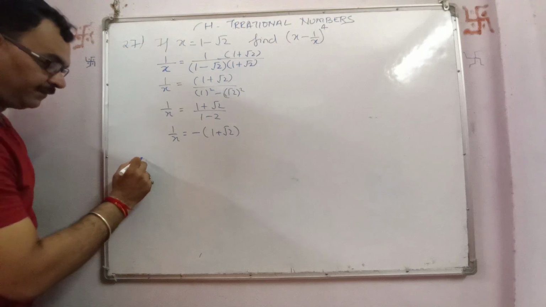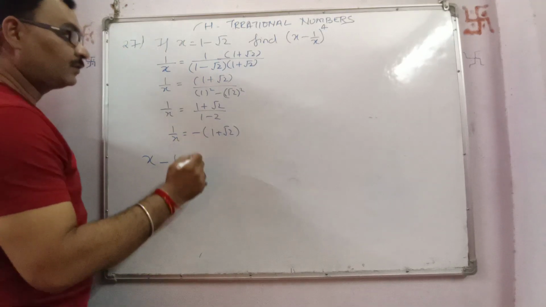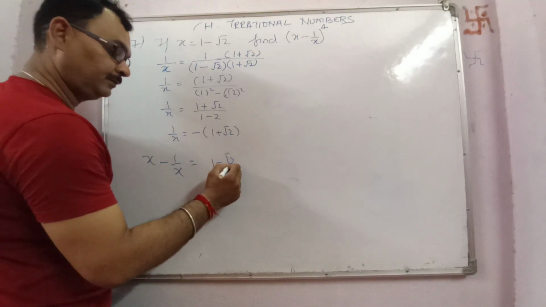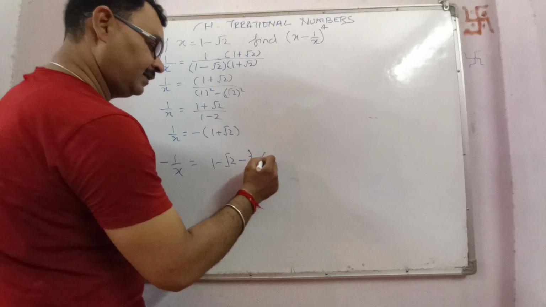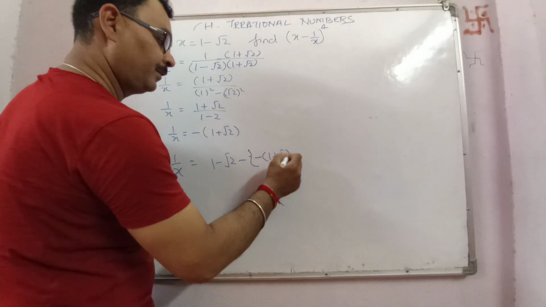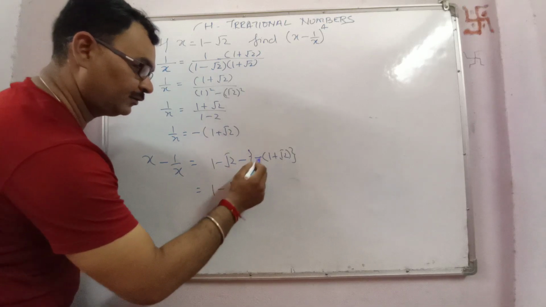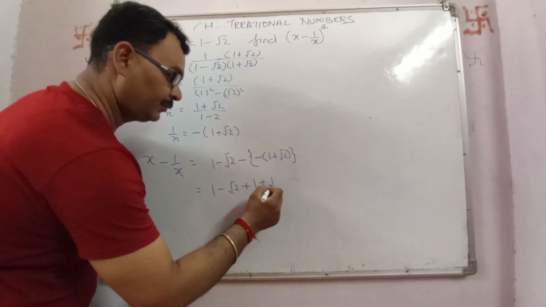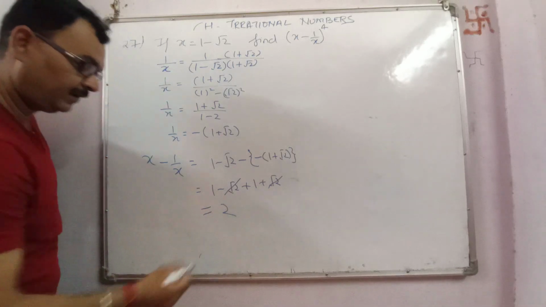Now we can easily find x − 1/x. So x is 1 − root 2, minus 1/x is −1 + root 2. On simplifying, 1 − root 2, minus into minus plus, so 1 + root 2, minus root 2 plus root 2 will be cancelled out, so 1 + 1 is 2.